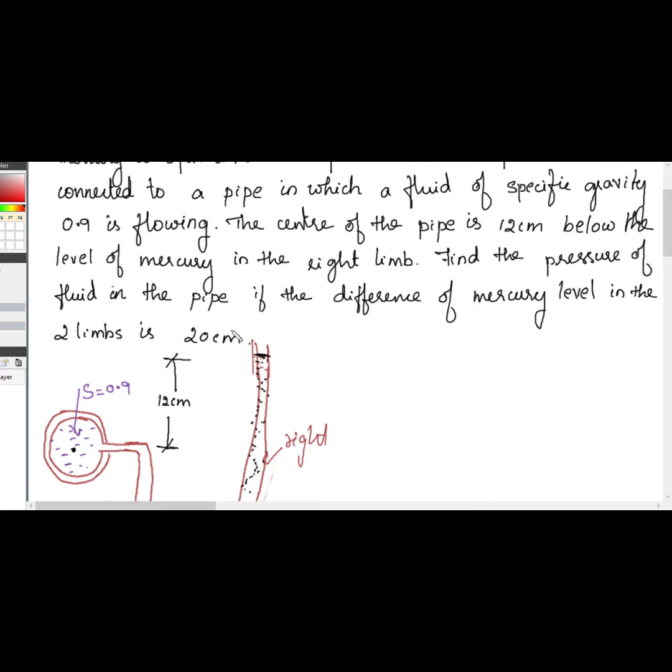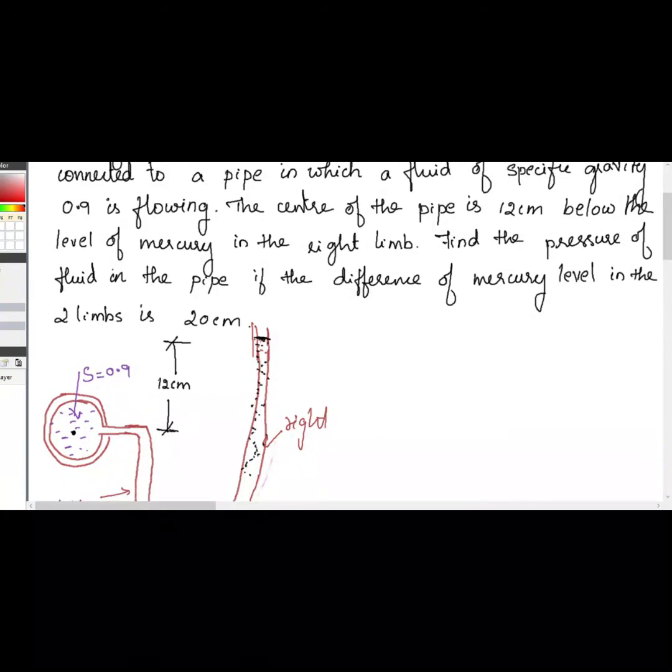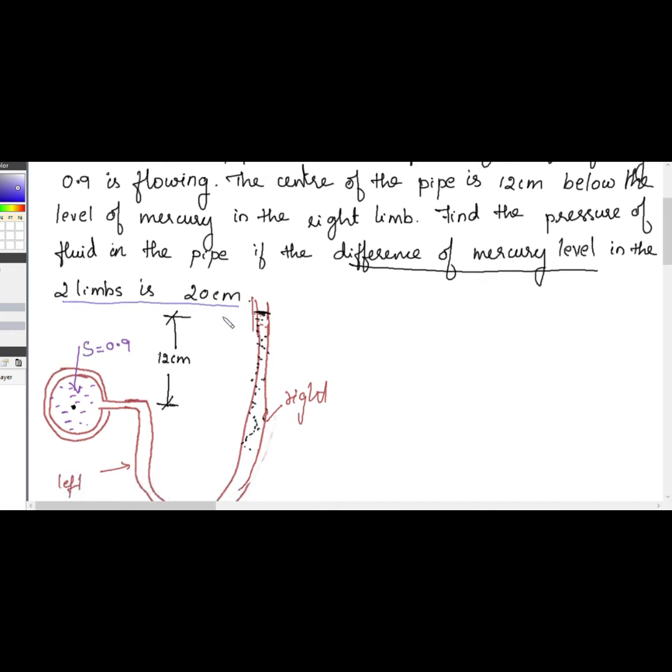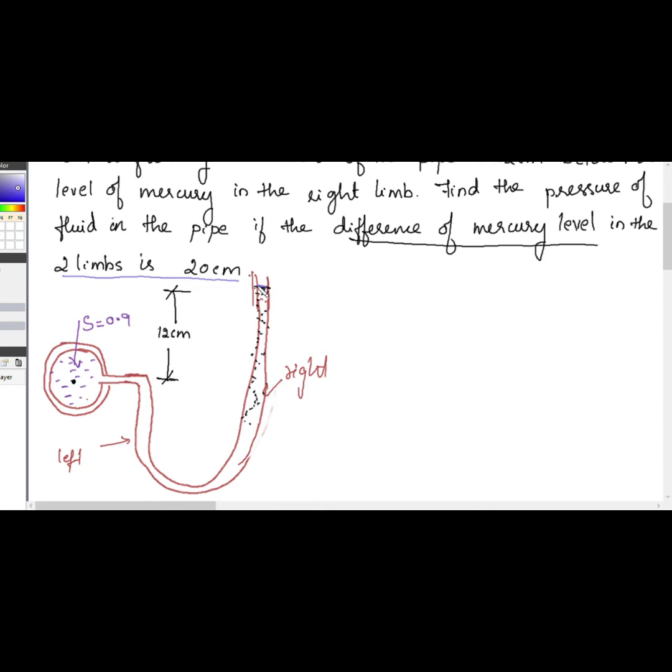This is the right limb, and here we have the left limb. Up to this, we will have mercury.